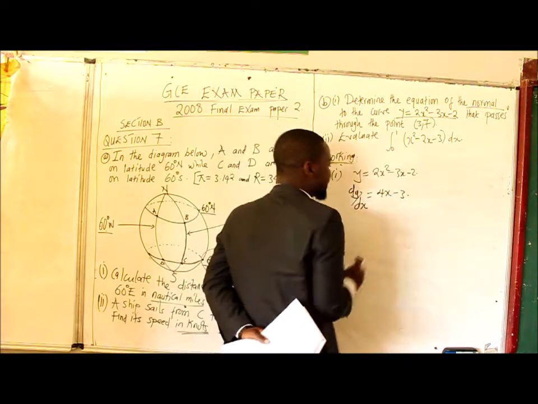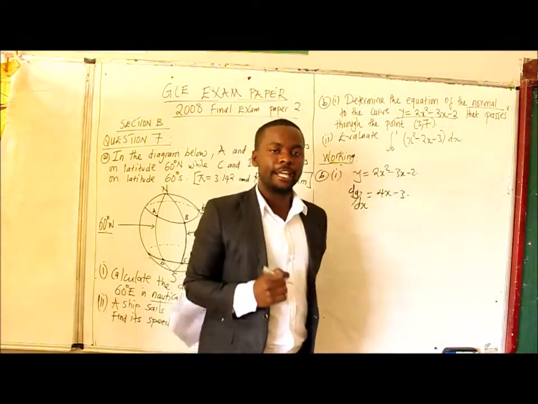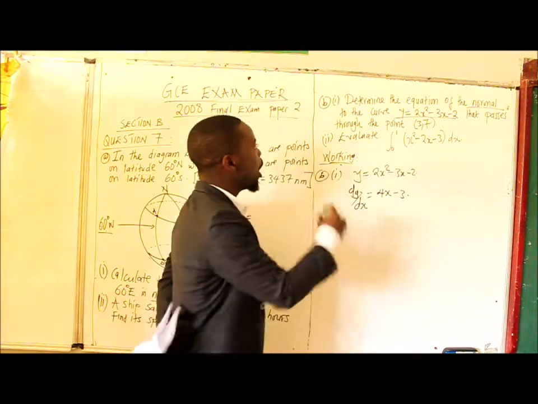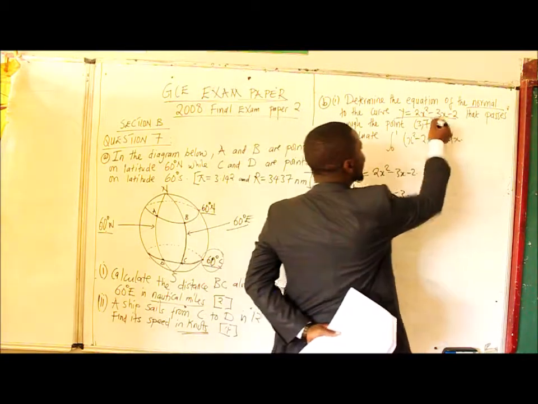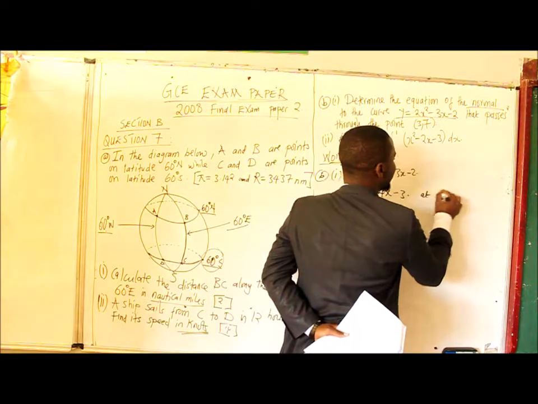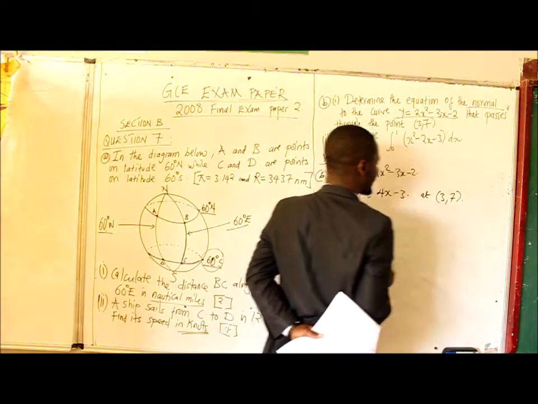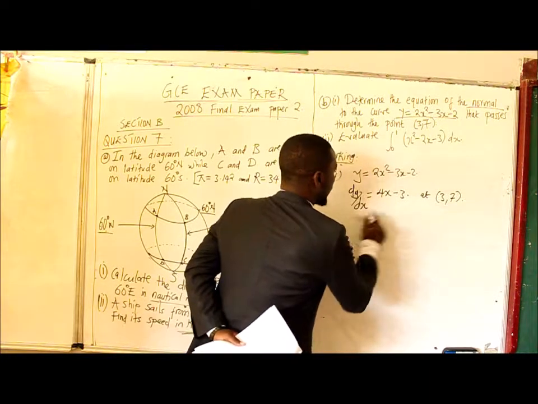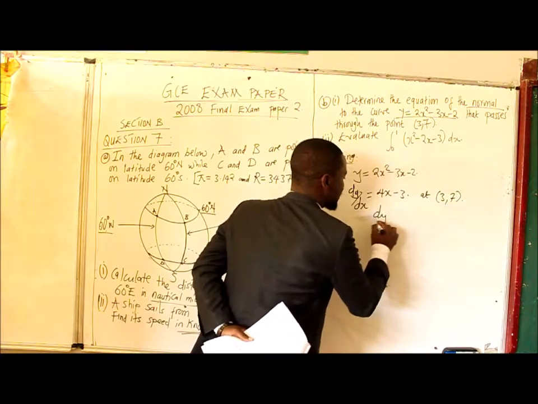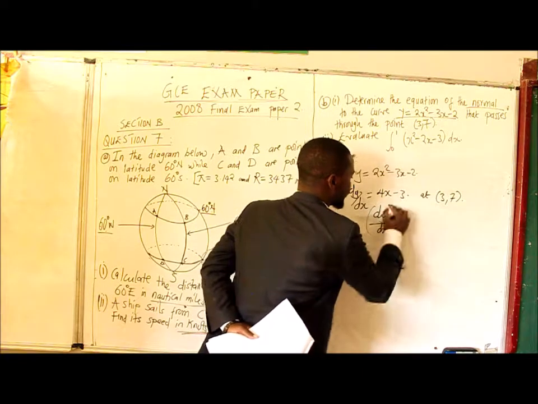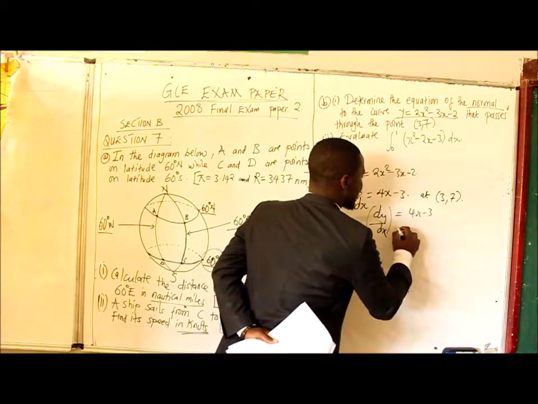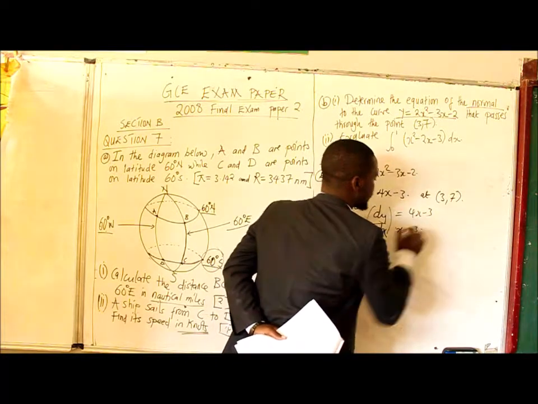If we have a gradient function, we are able to calculate our gradient. So let's calculate our gradient at this point, the point (3, 7). Our gradient will be dy over dx of 4x minus 3 as x approaches 3.